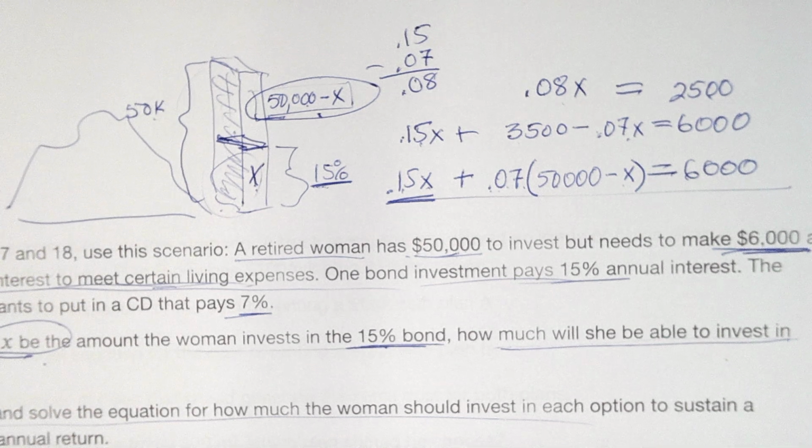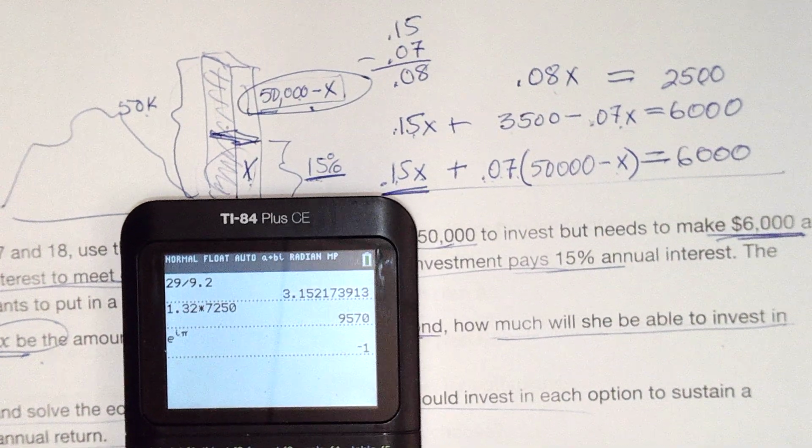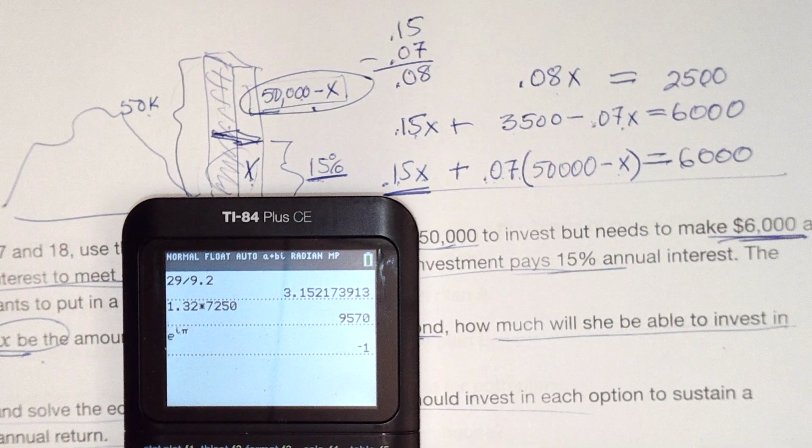Let me grab a calculator and figure that out. I don't want to do that one in my head and make a mistake, so I'm going to go 2,500 divided by 0.08.